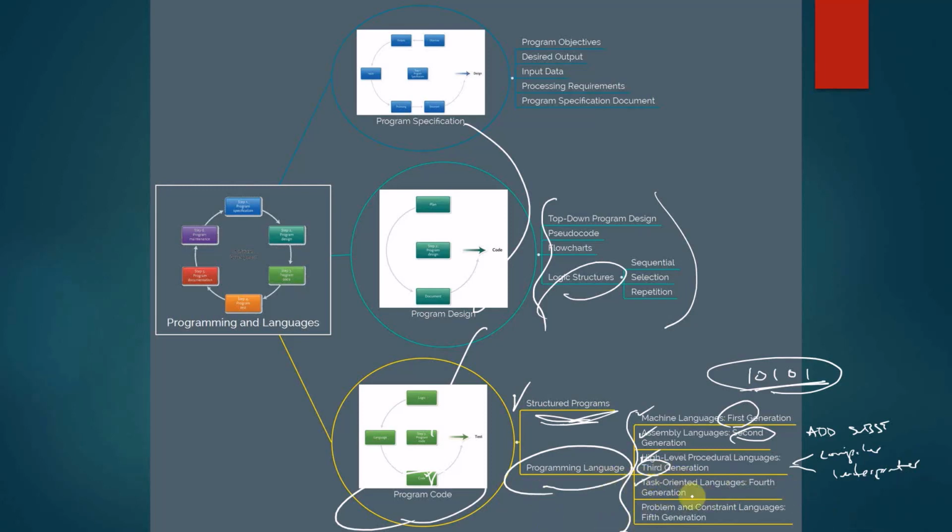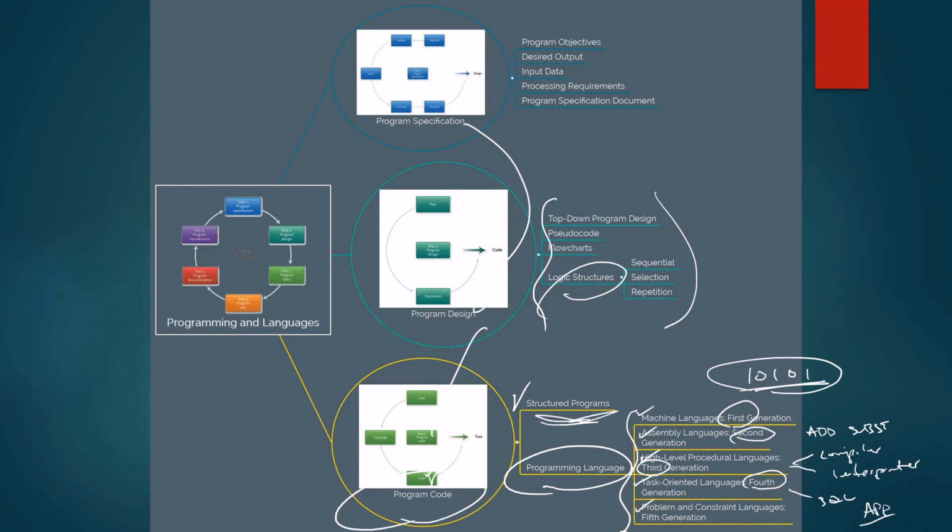Next, we have what's known as task-oriented languages, or fourth generation languages. Fourth generation languages are non-procedural and focus on specifying the specific task the program is to accomplish. Examples would be SQL, or an application generator that we'll use in databases this semester.